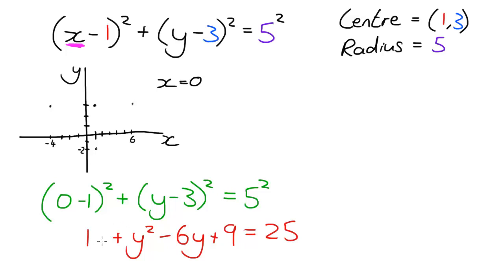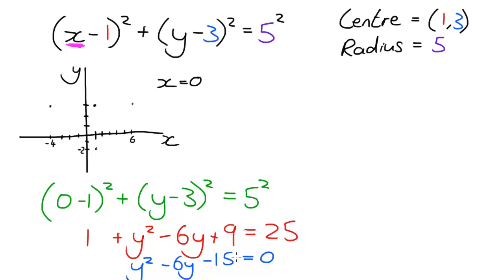Let's put the 1 and the 9 together, so we get a 10 there. Then take away 25 from both sides. So we get y squared minus 6y minus 15 is equal to 0.